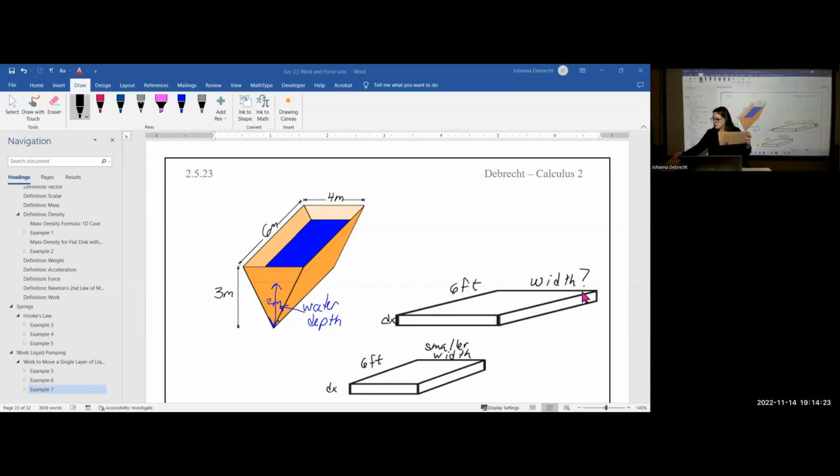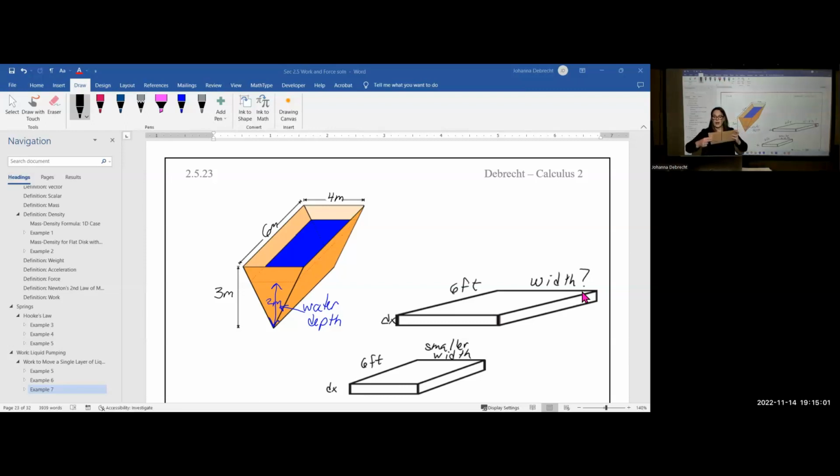Now, the problem is that the water layers, if you put the water layer in here, so this is a water layer, you can see that it's actually a rectangle, right? The surface of the water is a rectangle. But the problem is, the further down you go in the water trough, the smaller the rectangle gets, unfortunately, which means that our cross-sectional area function is not constant, which means that it must depend on the height of that particular water layer in the trough.